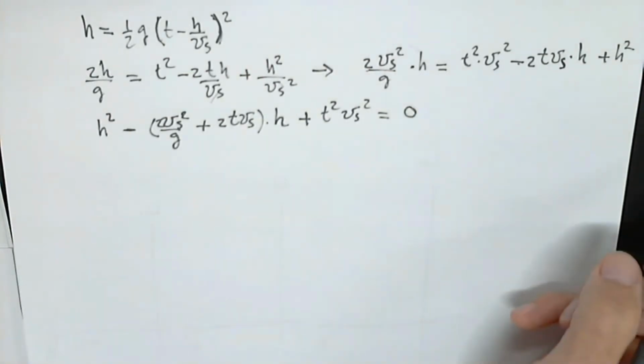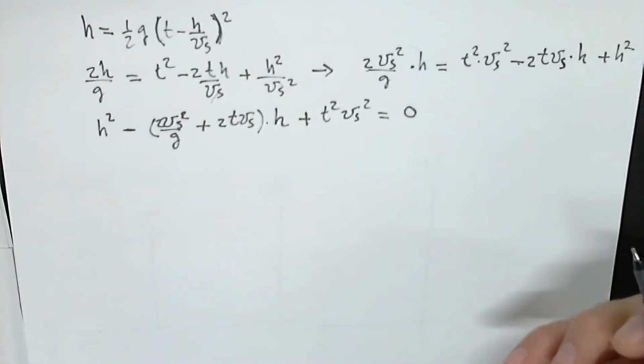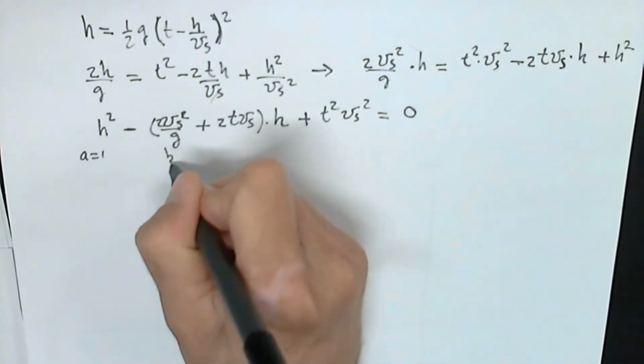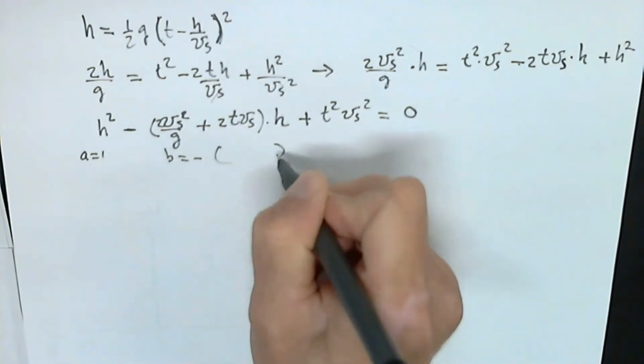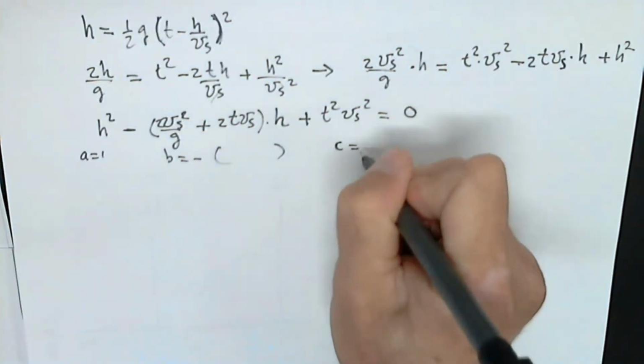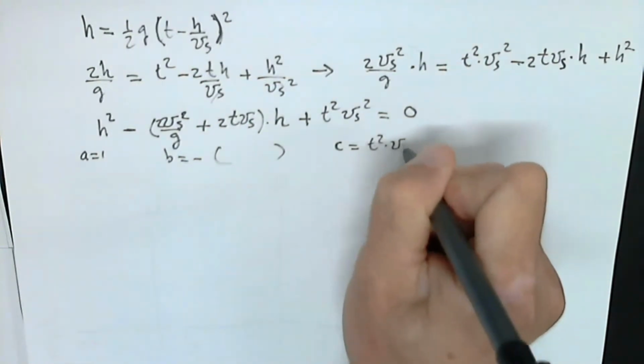Okay, this is my quadratic equation in h. So a is 1, b is negative, and this huge parenthesis, and c is t squared times bs squared.